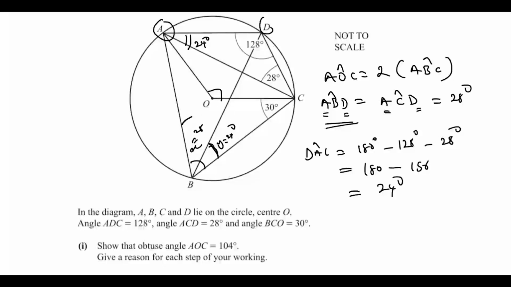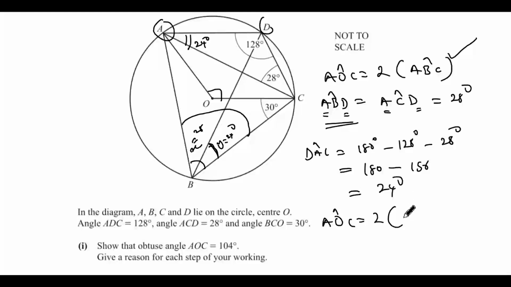So I can get this whole angle, which is the sum of 28 and 24. So I can go back to this first line, that is AOC will be equal to 2ABC. So 2 ABC will be the addition of these two angles, because these two angles made this angle ABC.